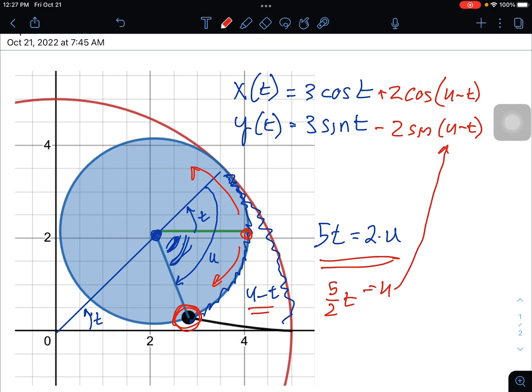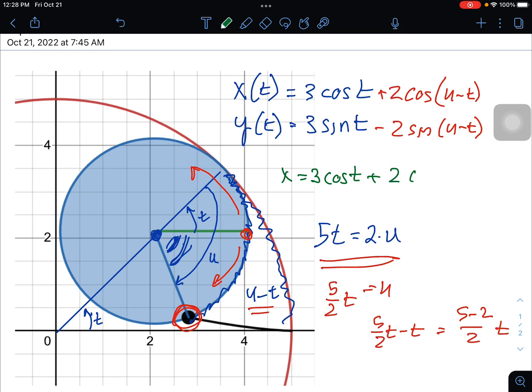And then when I simplify 5/2 t minus t, that is just (5 minus 2)/2 t. And so that allows me to simplify this expression a bit. So the x-coordinate is 3 cosine of t plus 2 cosine of (5 minus 2)/2 t.